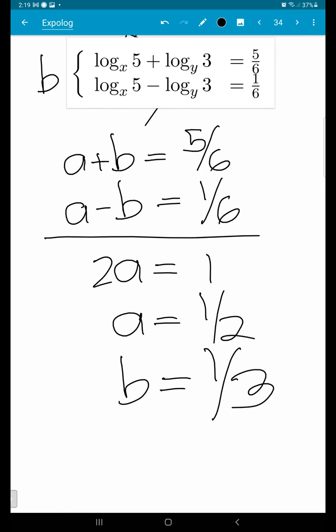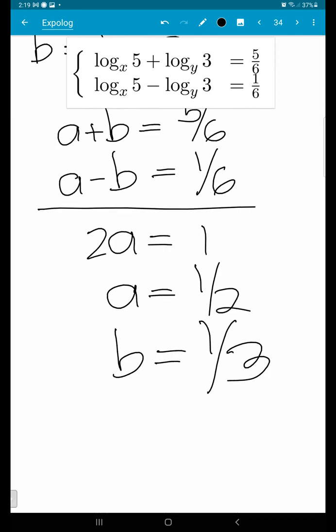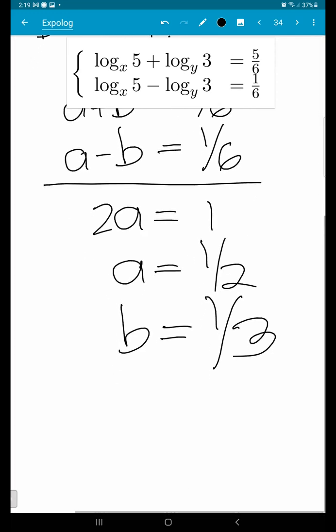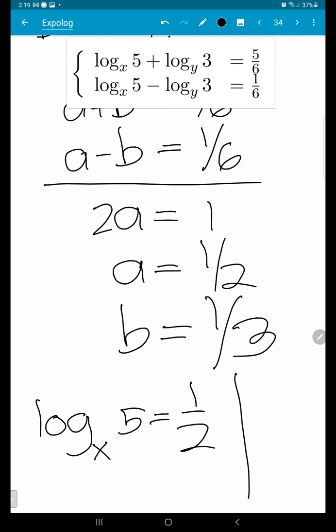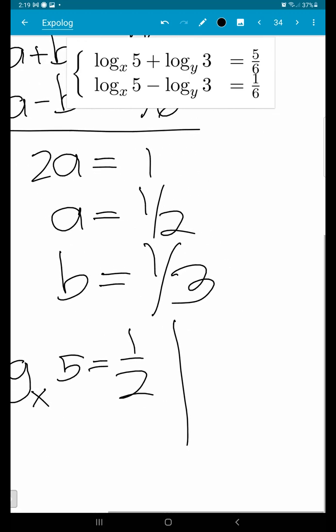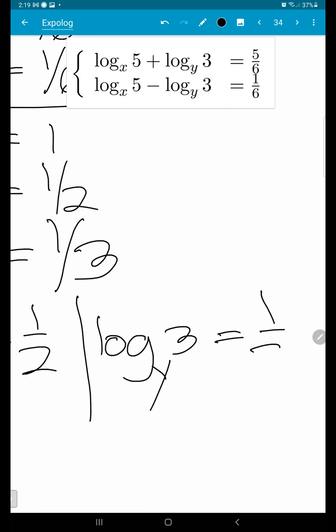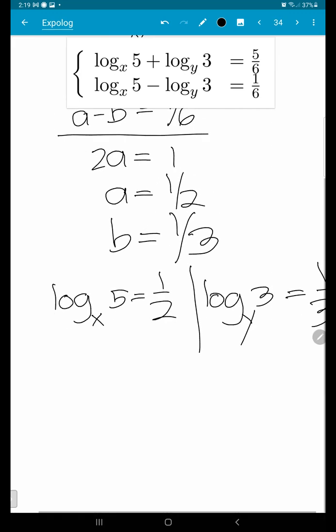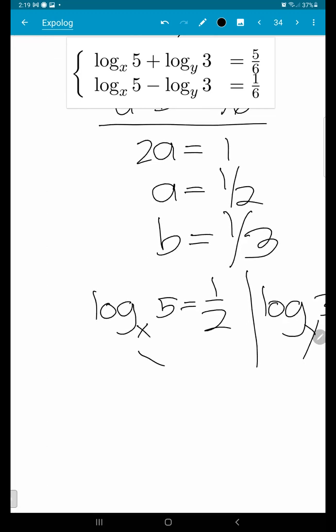So next we revert back to the original variables x and y, and A equals 1/2. So we have this. Okay, that's for A, and then for B, that's 1/3 for log base y of 3. Then you just solve for x and y. So for x, you rewrite this one in exponential form.